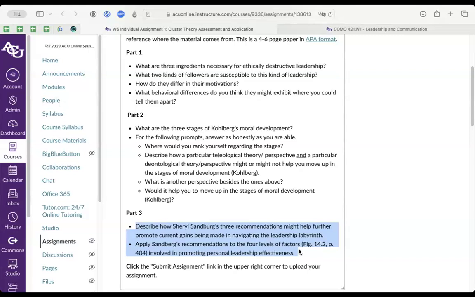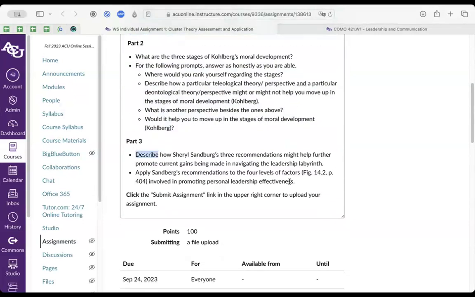But let's focus on this aspect here, because this is really where it's discussing what theoretical ideas mean when applied to this particular concept or model of moral development, as opposed to these, which are talking about leadership more generally, leadership concept and practice, the two kinds of followers who are attracted to ethically destructive leadership, unpacking that, and then applying one particular leadership style to another.